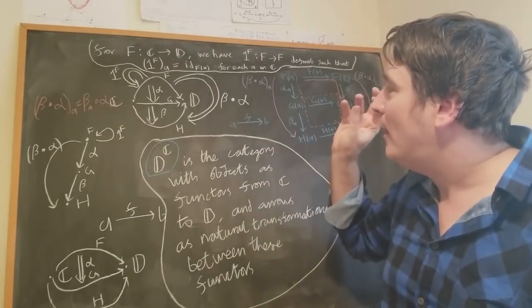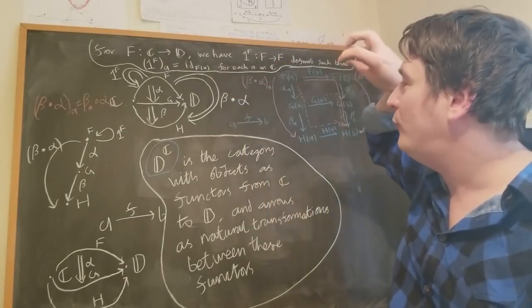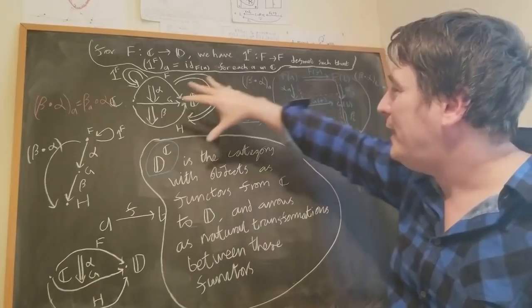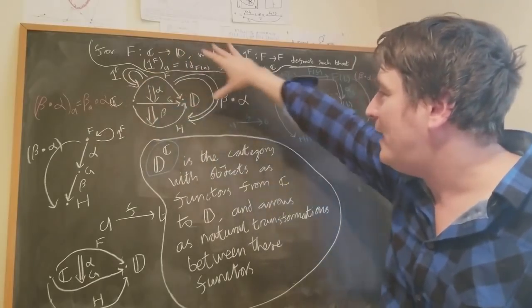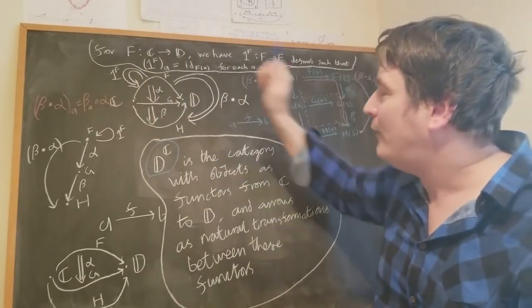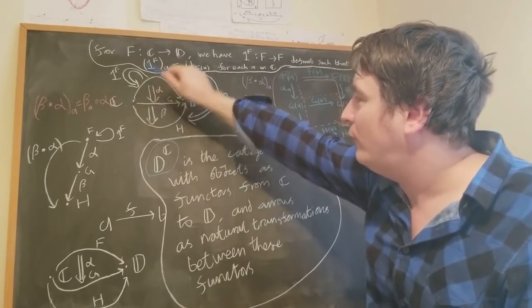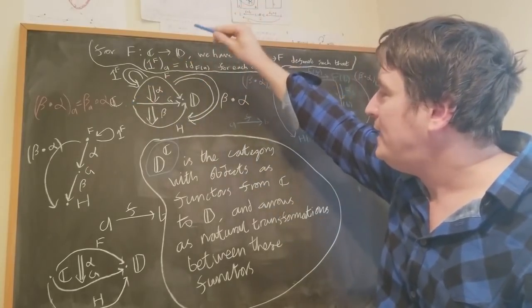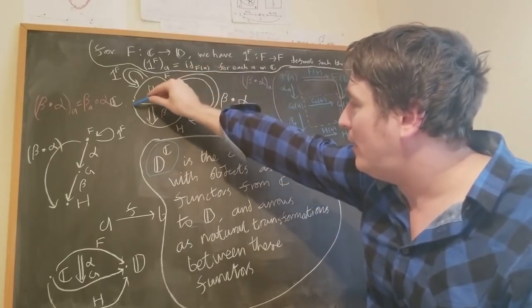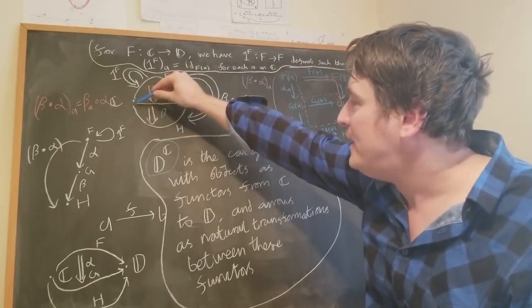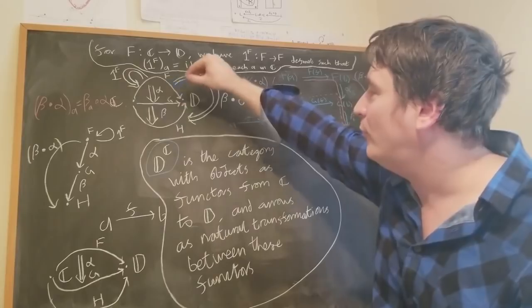I mean, we can zoom out as much as possible and look at it with this picture here, where the categories are dots or objects, and the arrows between them are functors.